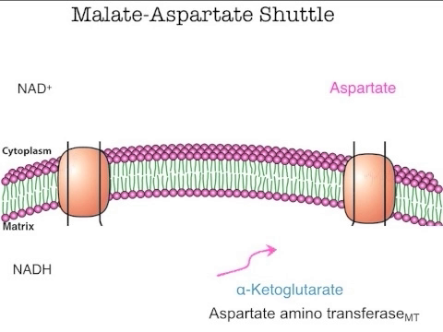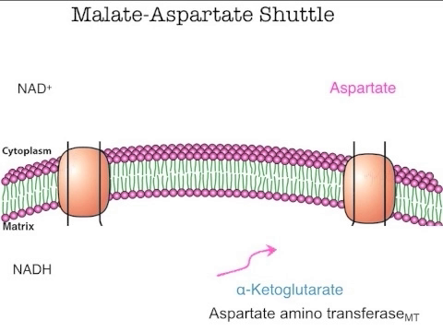But let's go back to the mitochondrial matrix for a minute. We took the amino group off of glutamate. This is the alpha amino group. And when we do this, we change glutamate into alpha ketoglutarate. 5 carbons in glutamate, 5 carbons in alpha ketoglutarate. This is the same intermediate that we saw in the TCA cycle.